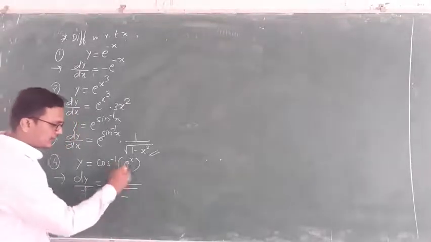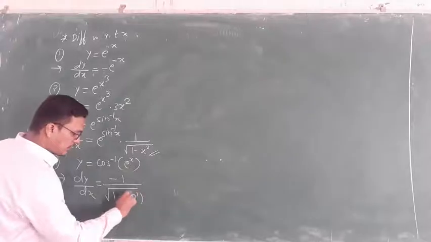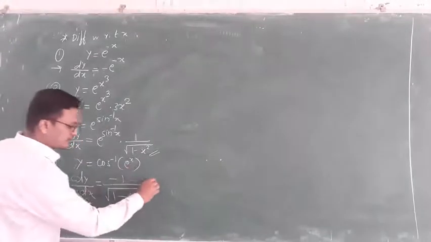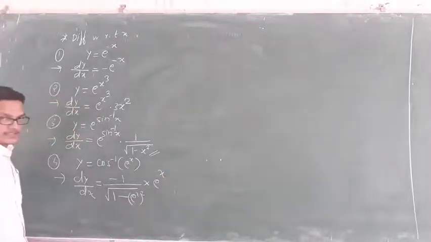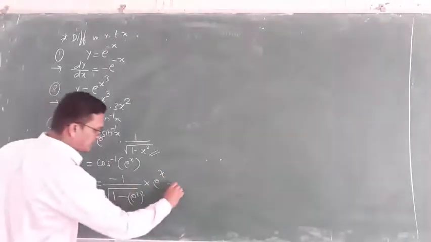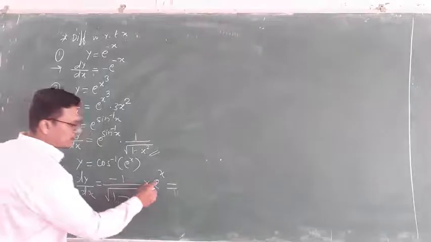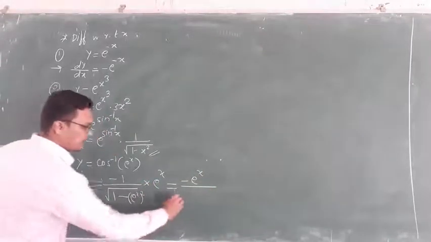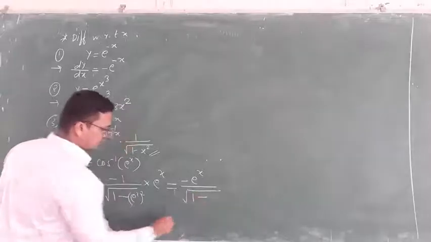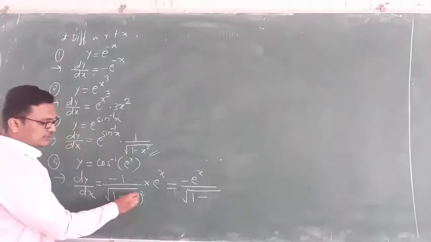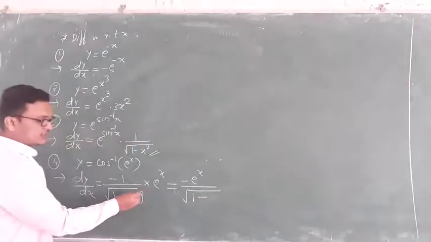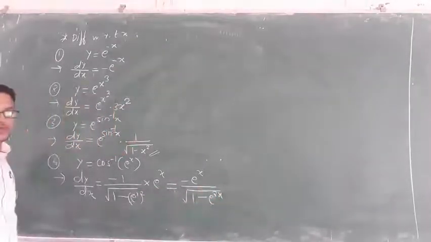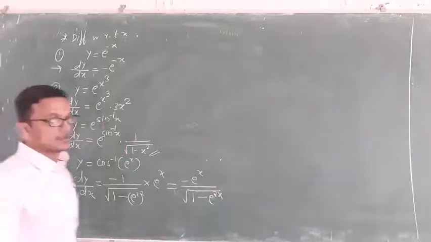But here x is e to the power x, so minus 1 divided by root of 1 minus e to the power x whole square, into derivative of e to the power x, which is e to the power x. You can keep the answer as it is, or you can simplify. Minus e to the power x divided by root of 1 minus e to the power 2x, because in e to the power x whole square the powers get multiplied, giving e to the power 2x.